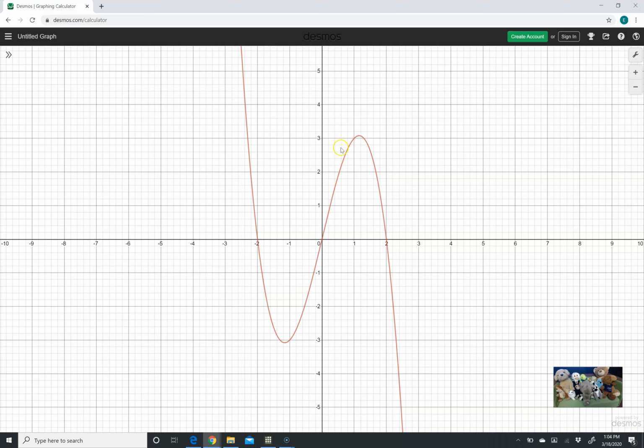So this turning point is also a relative maximum. This relative maximum, it's relative as opposed to absolute. So we call it relative when it's not the highest point in the graph or the lowest point in the graph. So we could see here that even though this is a turning point and it goes from increasing to decreasing, it's not the highest y value in the graph. We have lots of higher y values right here.